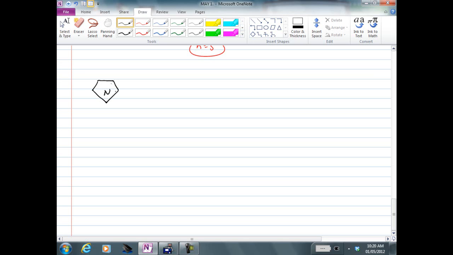Full work, no marks. n plus 1 factorial over n minus 2 factorial equals 20 times n minus 1. Good luck. You need it.